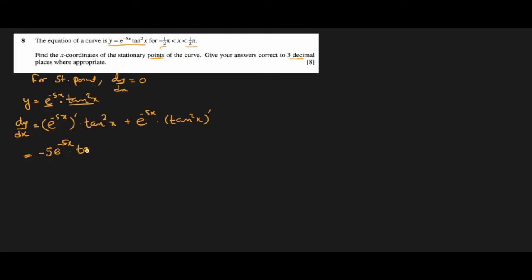Tan square x remains tan square x, plus e to the power minus 5x remains unchanged, but when we differentiate tan square x, 2 will come in front and the exponent of tan will go down by 1, which is 2 minus 1, 1, no need to write 1. Further, we will differentiate the base, which was tan x.